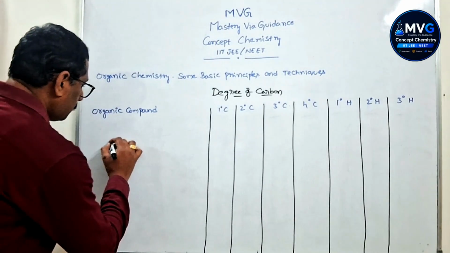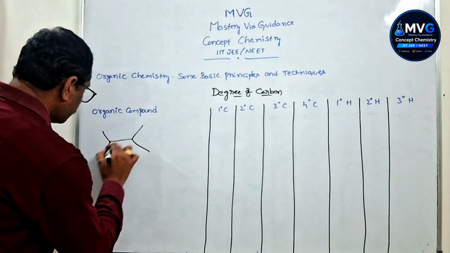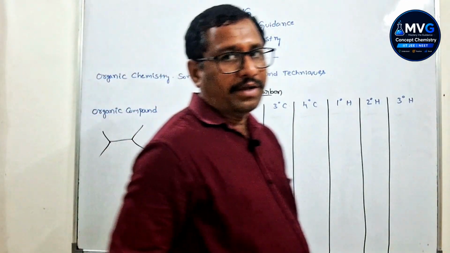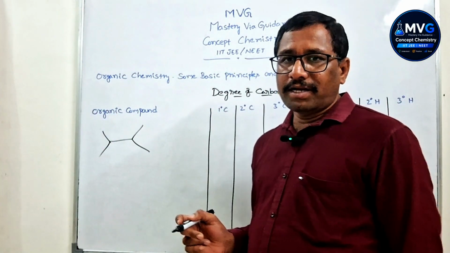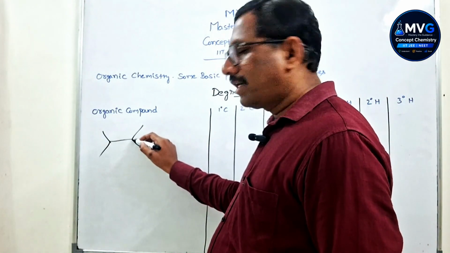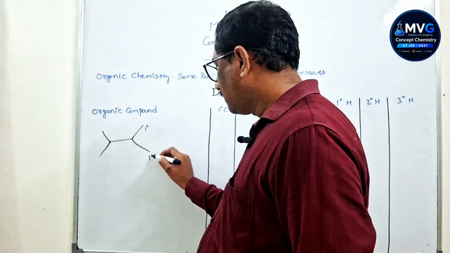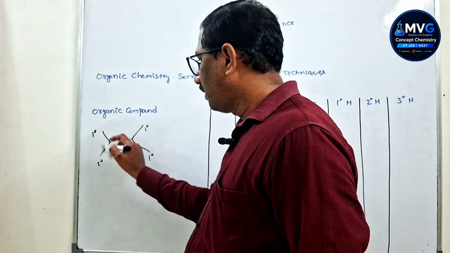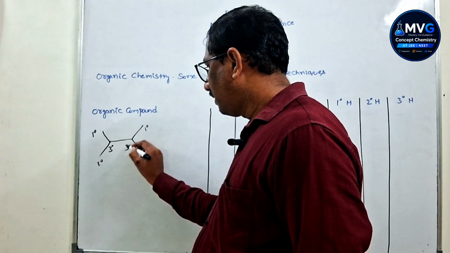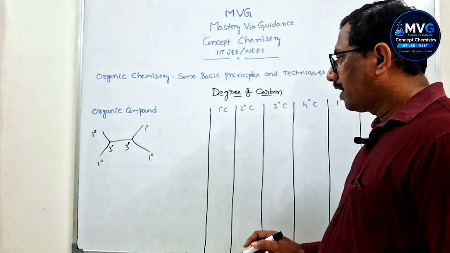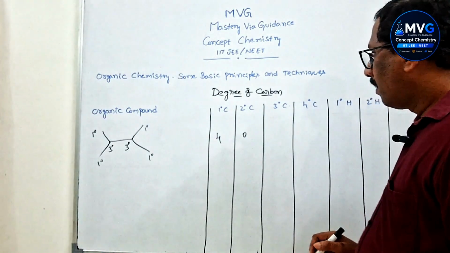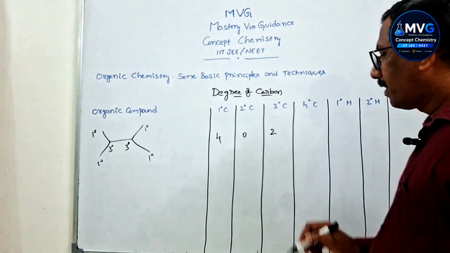Next, I am giving a bond line structural representation, students. You should know how to identify primary, secondary, tertiary carbon atoms in bond line structural representation. Carbon further connected with 1 carbon is primary. Carbon further connected with 3 carbons is tertiary. Now primary carbons are 4, secondary carbons 0, tertiary carbons 2, quaternary carbons 0.